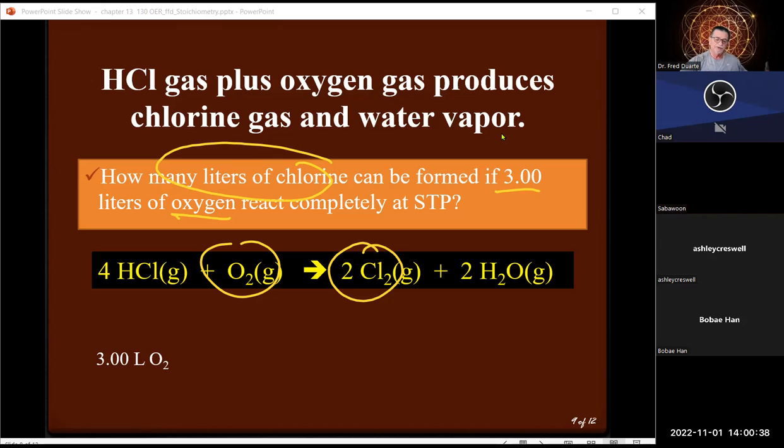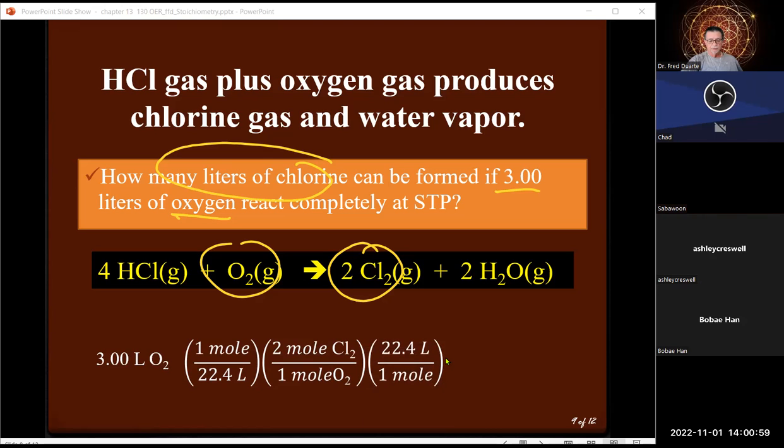We are at STP, so we can use that relationship of 1 mole per 22.4 liters. Then our stoichiometric relationship is a 2-to-1 because we're concerned only about the oxygen and the chlorine. That puts us in moles of chlorine, which now we want to get to volume of chlorine, so we use the 22.4 liter again. And that turns out to be 6 liters of chlorine.